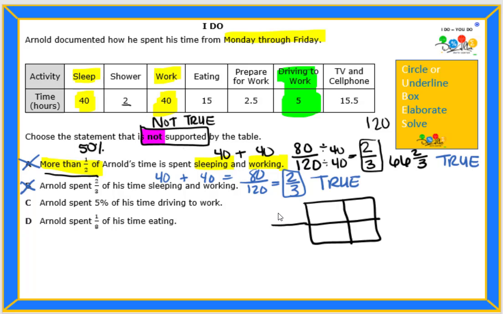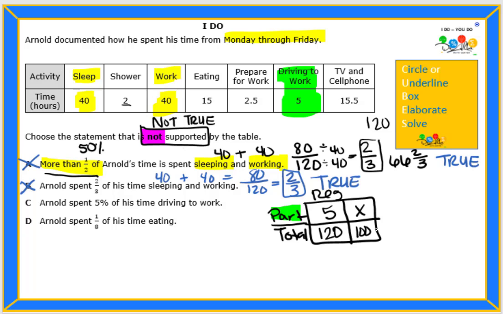Okay, so let's put our part and the total. The part that we are asking about is the drive to work. And we figured out that that is, in regular numbers, 5 out of a total of 120. And we want to know if that is 5%, if we have 100 total percent for the whole entire work week.